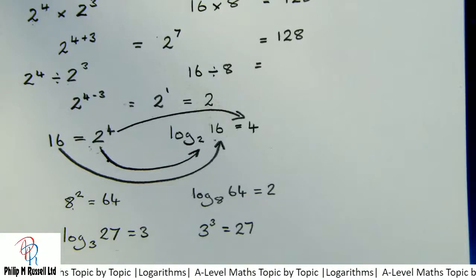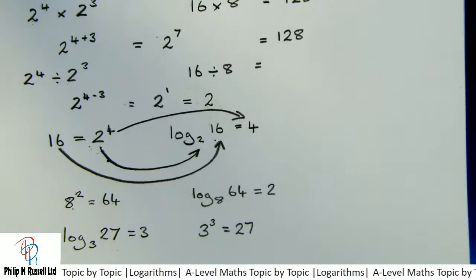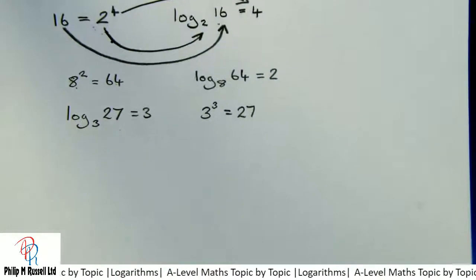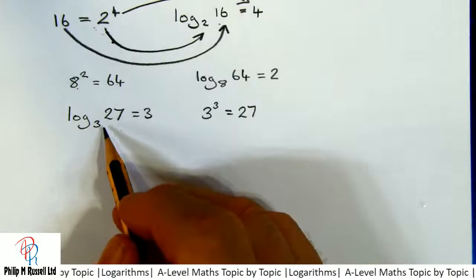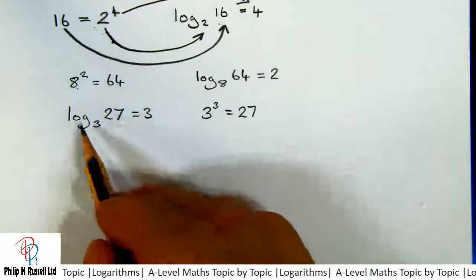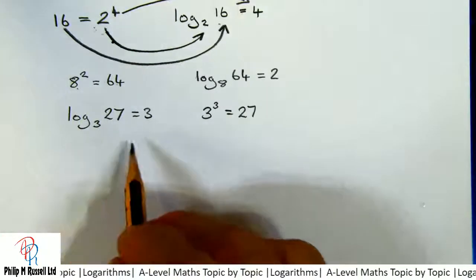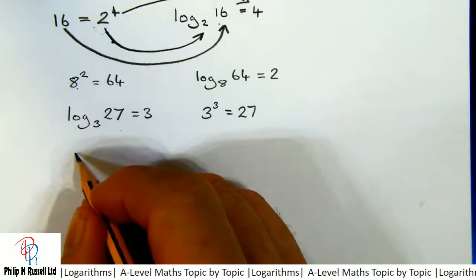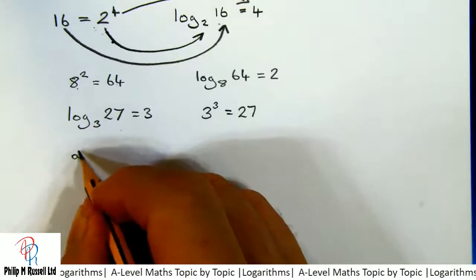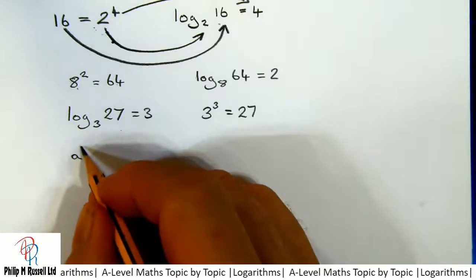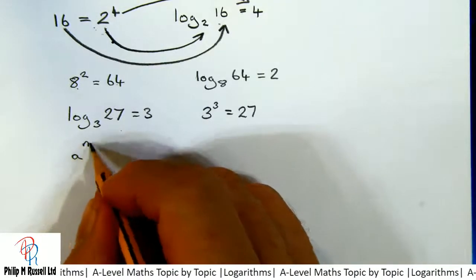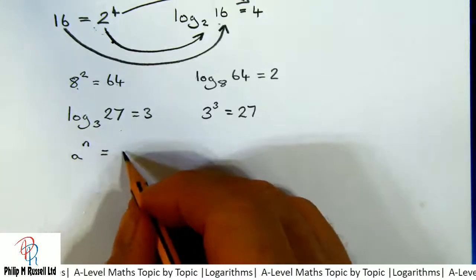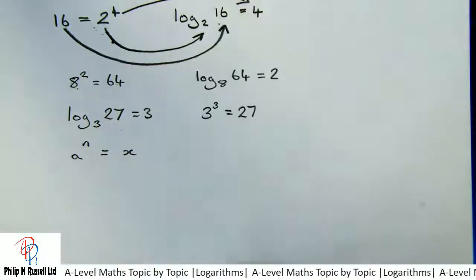What we need are some general rules when we play around with some of these. So if I replace some of these with letters, we can say that a number, a, the base, to the power of another number, n, is going to give me an answer, x.